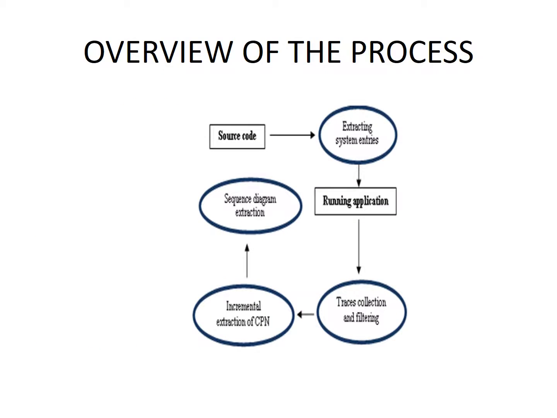Of these 4 methods, the source code goes to extracting system entries, then it is sent to the running application, where the traces are collected and filtering is done, then it is sent for incremental extraction of CPN, then the sequence diagram is generated.